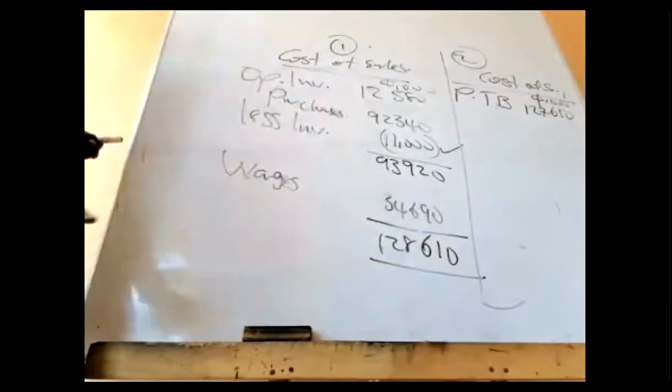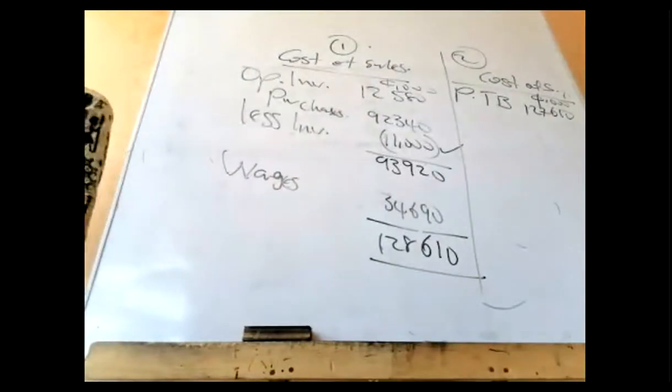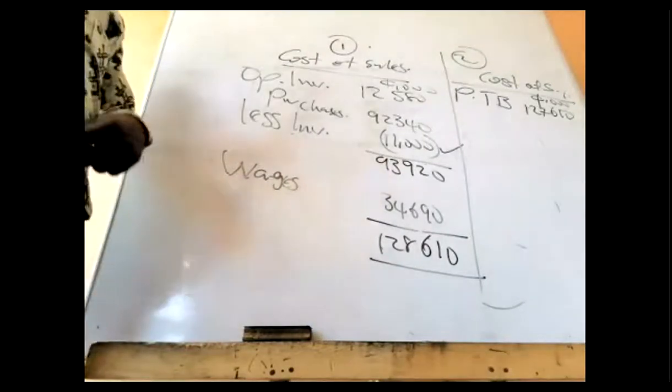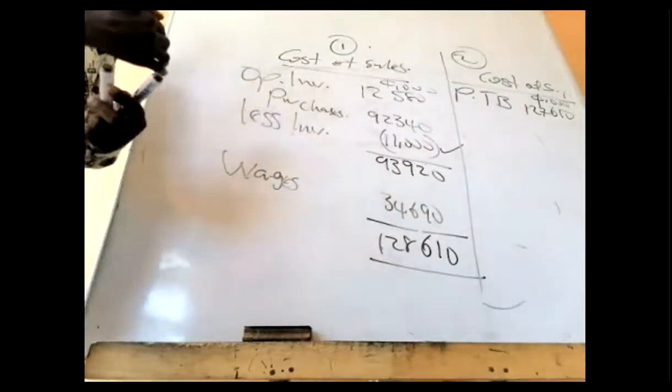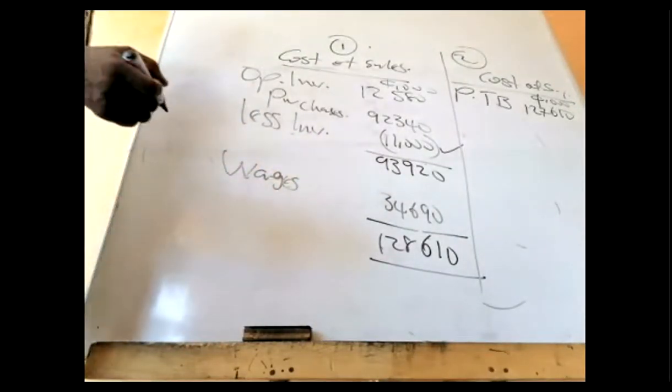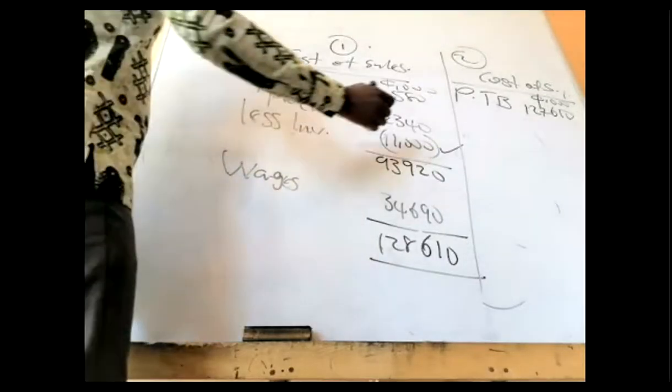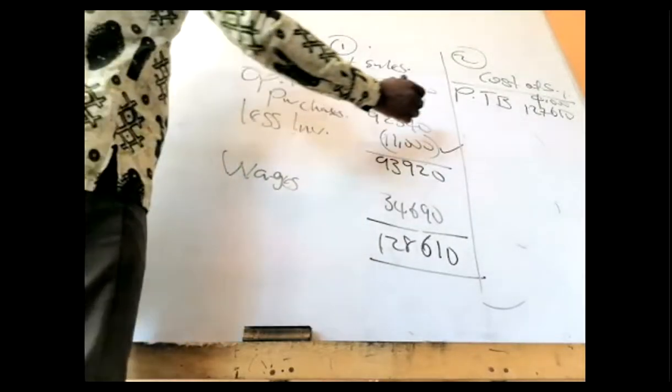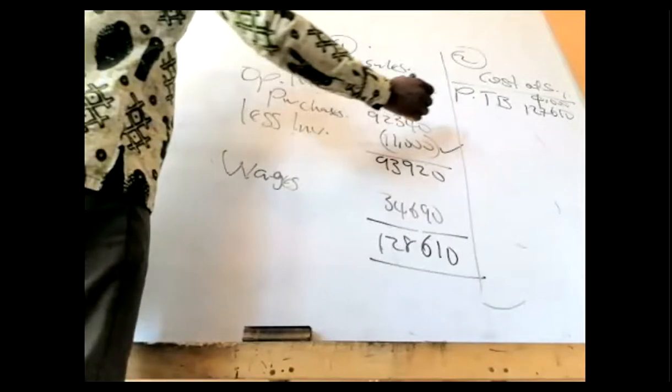So you pick their cost of sales figure from the trial balance. And then if you pick that, what do you do? Add the inventory written down, the difference, the write-off. So inventory written down, open the bracket, 12,000 minus 11,000, you get what? 1,000.